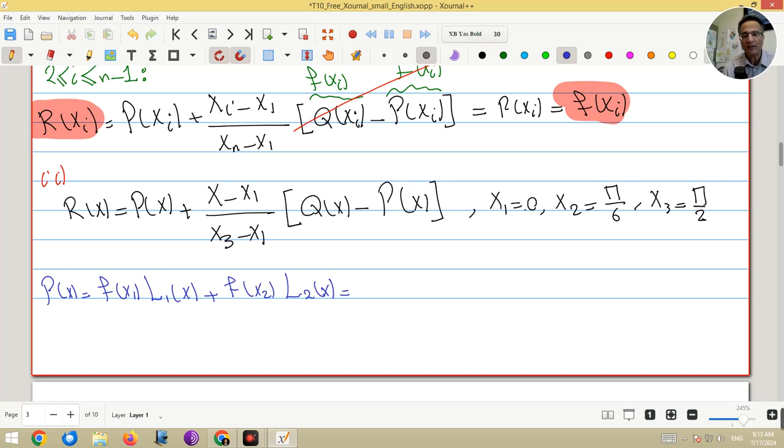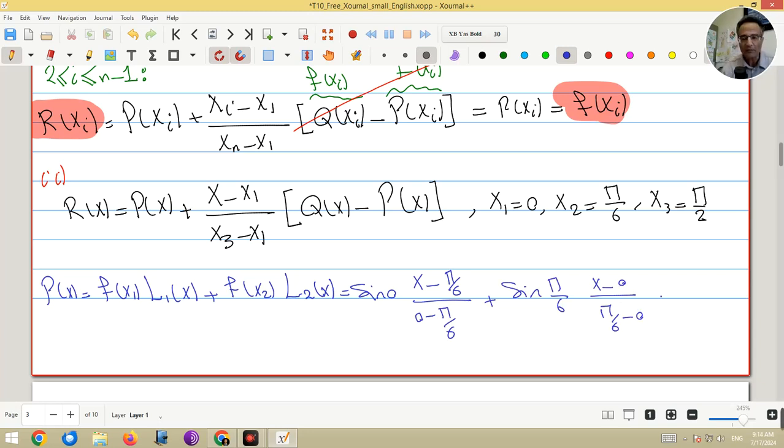So f at x1 is sine of 0 times L1. What's L1? (x minus π over 6) over (0 minus π over 6), plus sine of π over 6 times L2, which is (x minus 0) over (π over 6 minus 0), right?